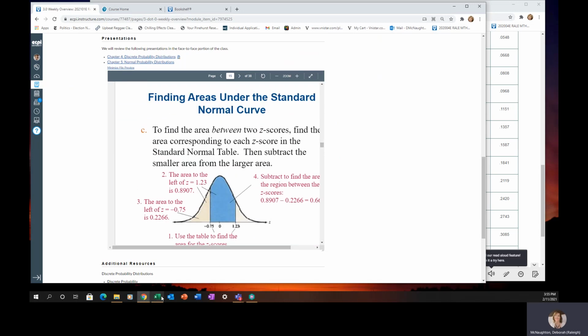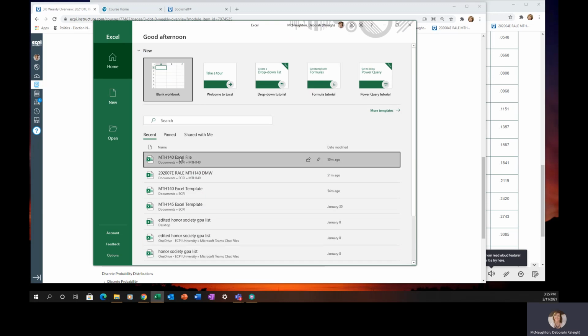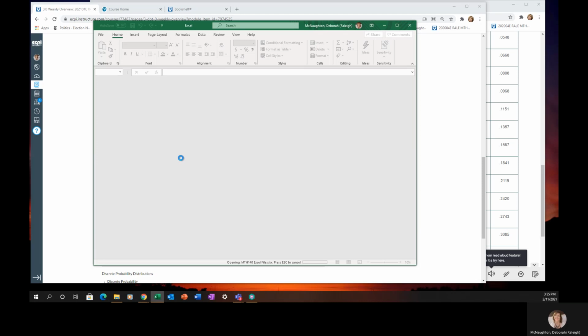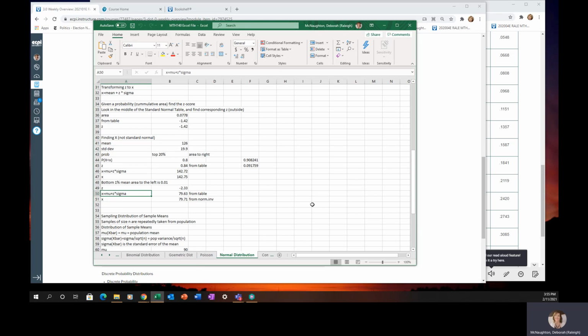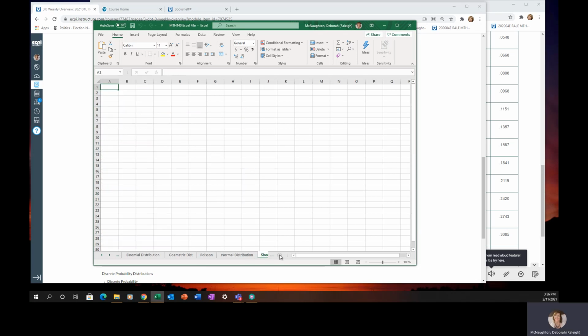Okay, so let's also look at how we get that using Excel. So let me go here and open up Excel. Okay, I'm just going to create a new tab for the normal distribution.